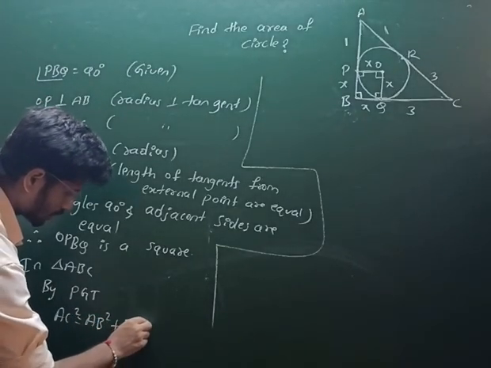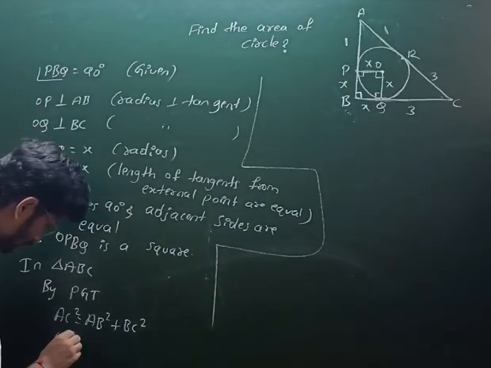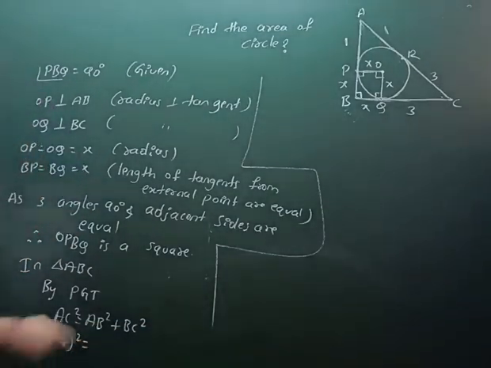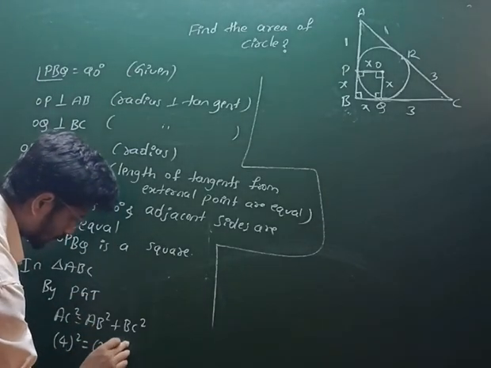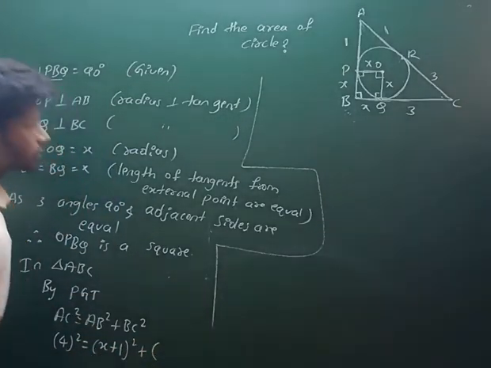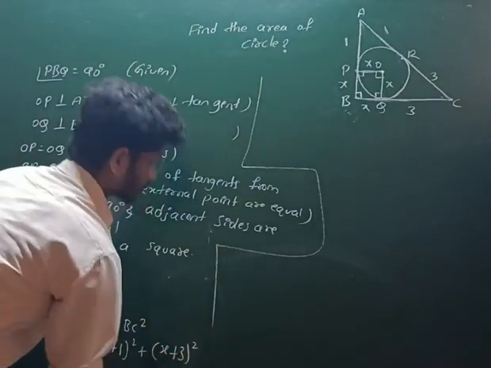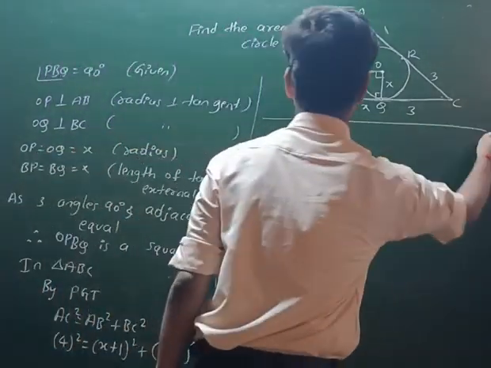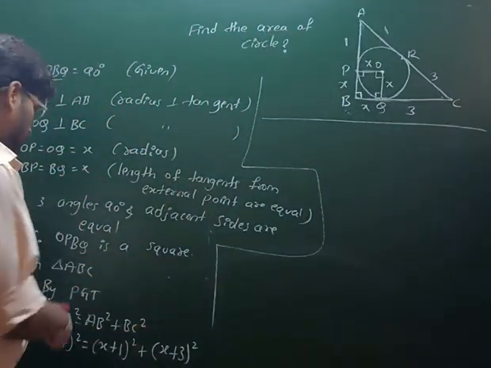AC is how much? 3 plus 1, which is 4, so we write 4 square. AB is X plus 1 whole square, and BC is X plus 3 whole square. Now you continue this. I am continuing this part over there. So 4 square is 16.